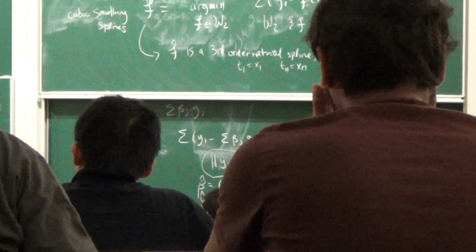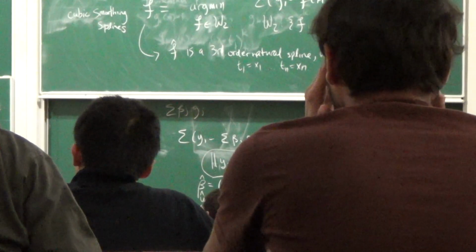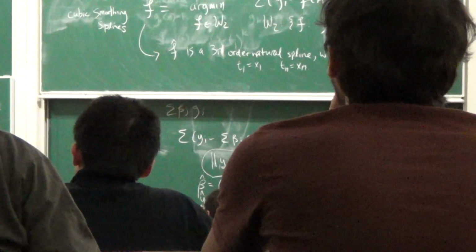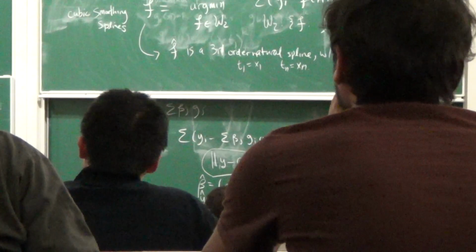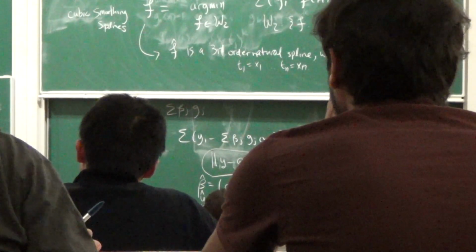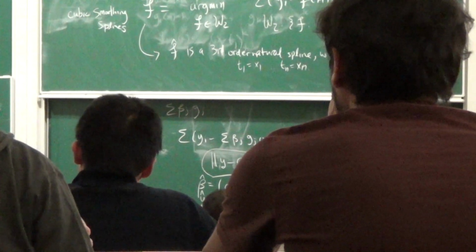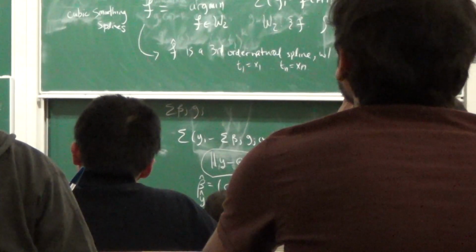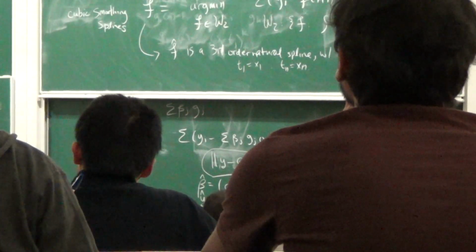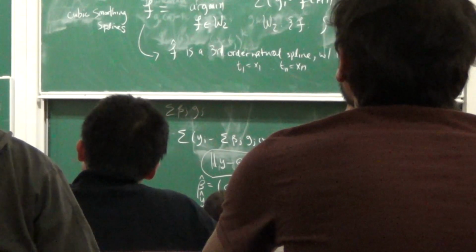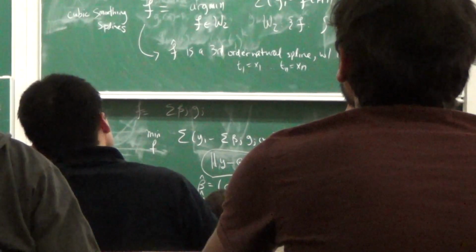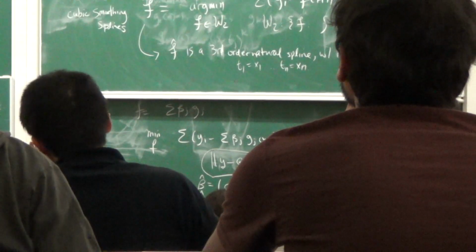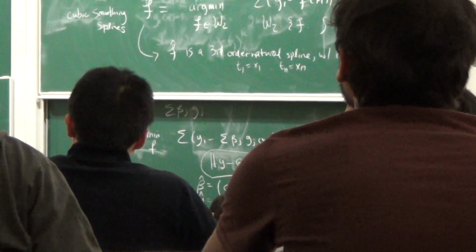Right? Because U's orthogonal. And so the eigen decomposition of this is now just this. That should be a D, sorry. So D is diagonal, U has orthogonal columns.